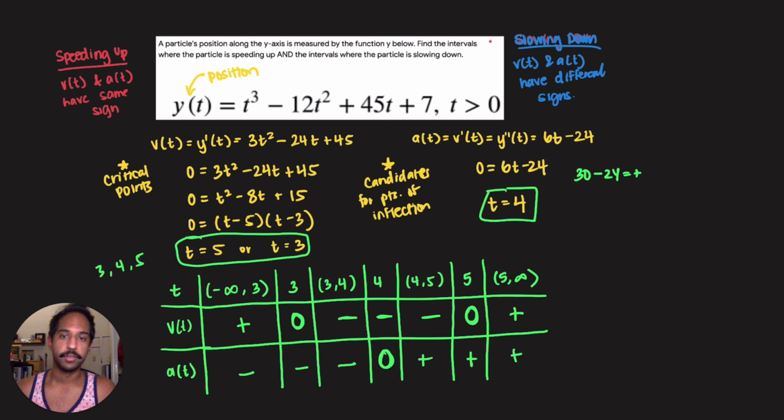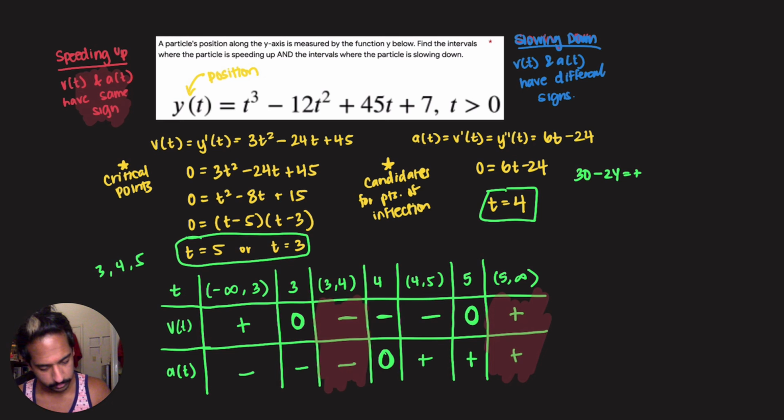Now, we're not done. We need to figure out when we are speeding up and when we are slowing down. Again, we're told that the particle is speeding up when v of t and a of t have the same sign. And so, where is that true? I see here we have 2 negatives, and here we have 2 positives. So that tells us that we are speeding up.